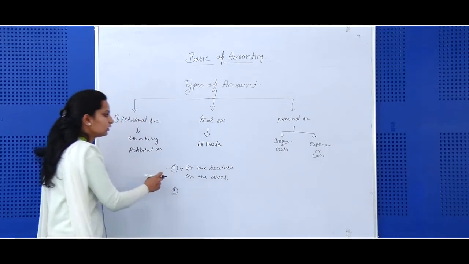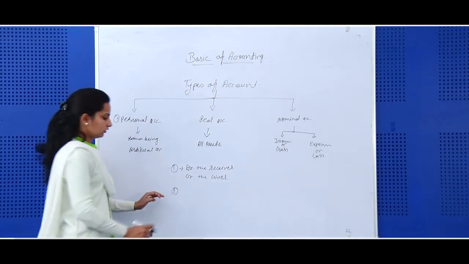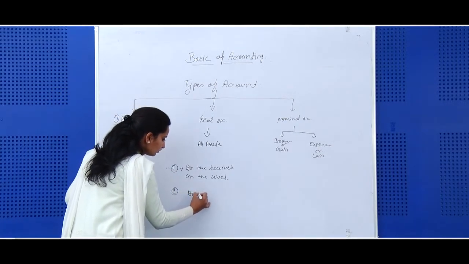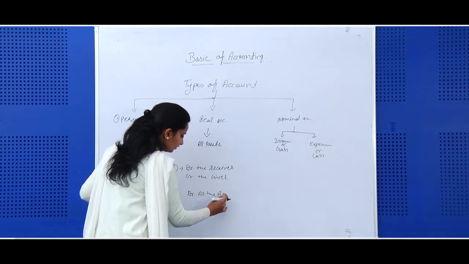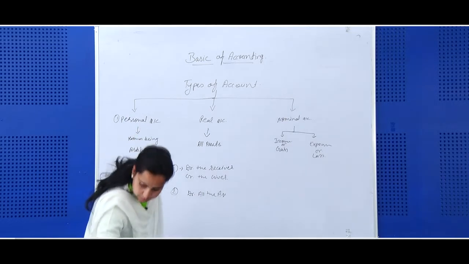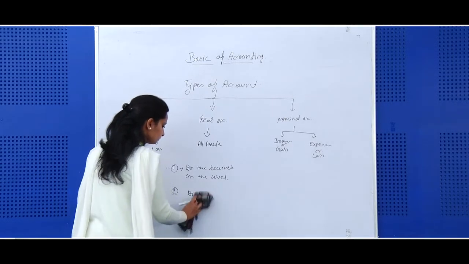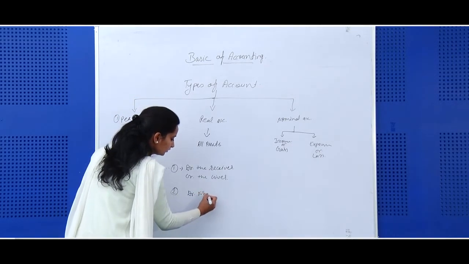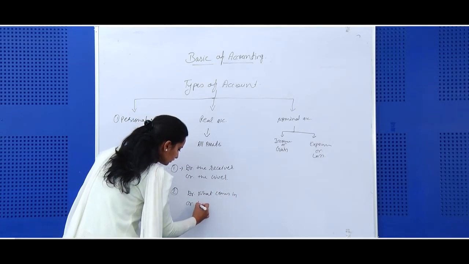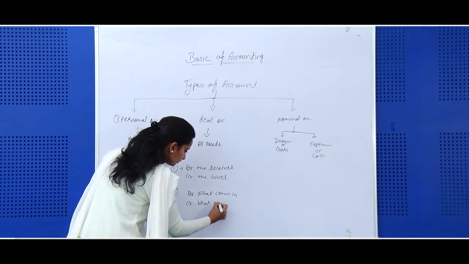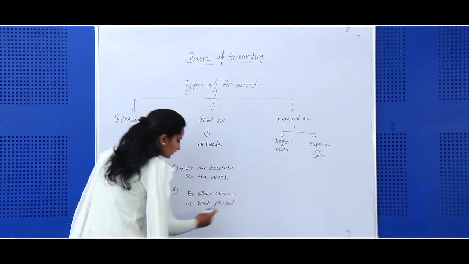Number 2, that rule is for the real account, debit all the assets, debit what comes in and credit what goes out.